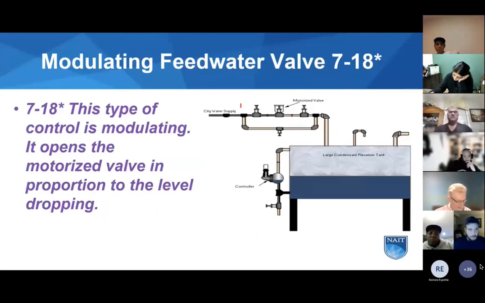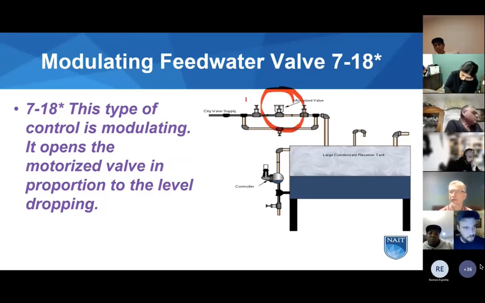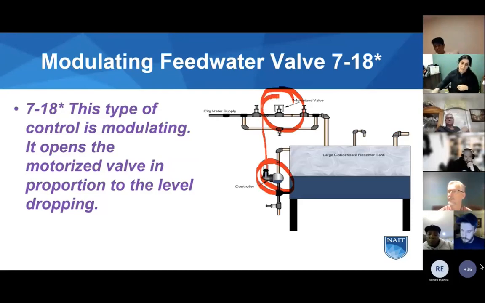And on the last page of the chapter, 718, they show a modulating feed water valve. So it's an electric or motorized type valve. There's a signal from a controller that's on a float, external float. The signal goes to this motorized valve and opens it up when needed.